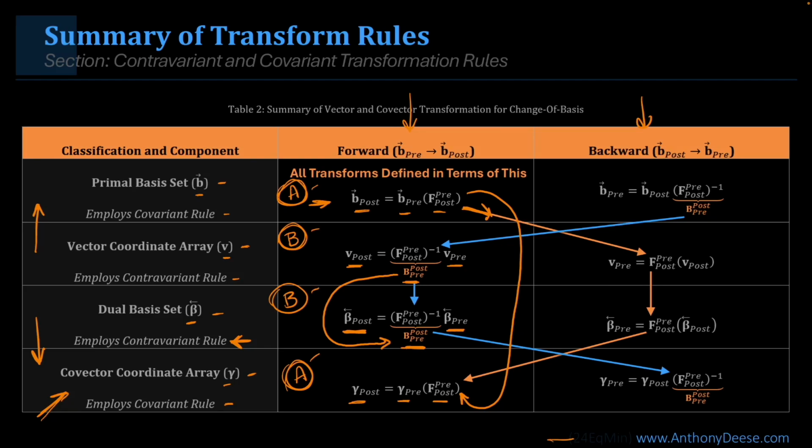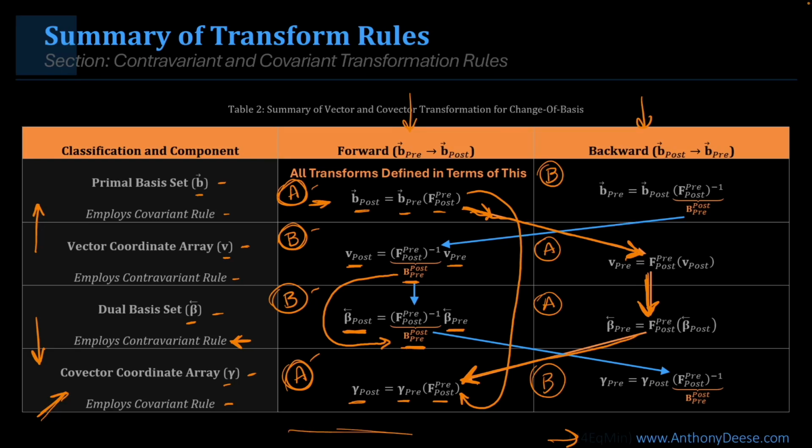And really the right-hand side of this table, all it's saying is obviously the backward will be the opposite of the forward. So wherever we have an A, it'll become a B. Wherever it's a B, it'll become an A, and so on. So if you follow this orange arrow, you can see all the elements of this table that use a similar transform, and then you could follow the blue arrow in the same way.